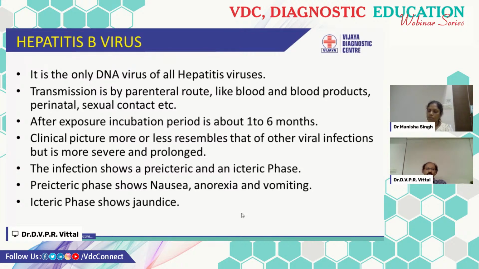These are the most common routes, and in the Western countries, it could be due to sharing of needles and syringes in drug addicts, as well as homosexual transmission. Now, after exposure, the incubation period is about 1 to 6 months, quite long.